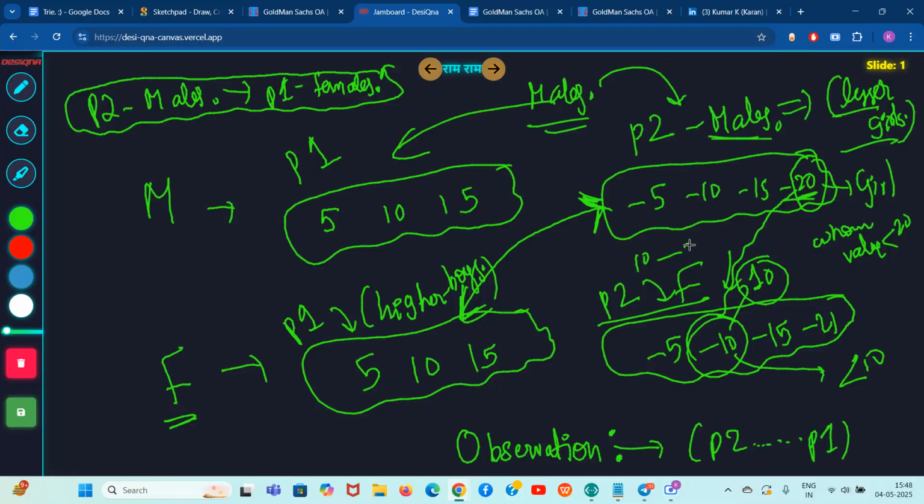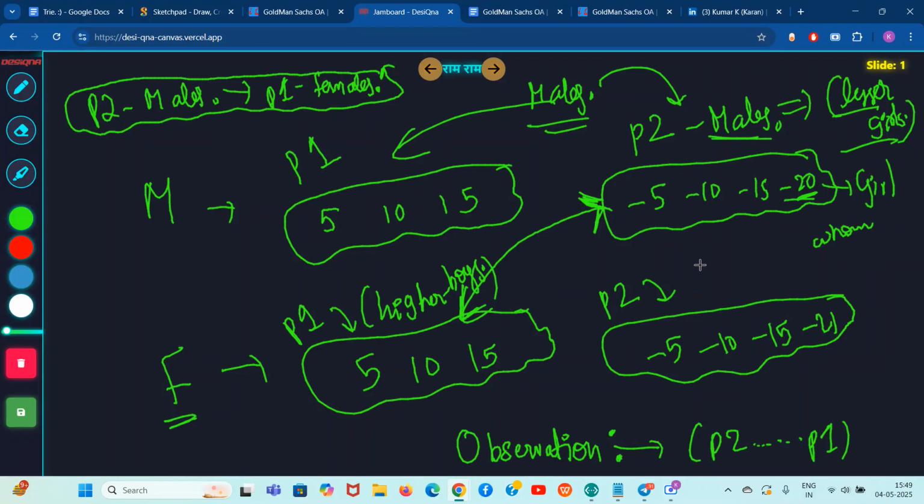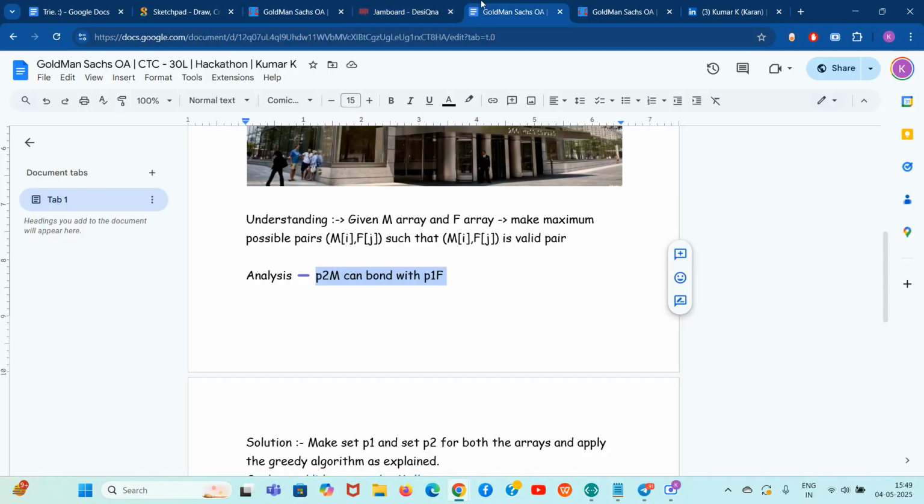If 10 bonds with 20, 20 is satisfied, but 10 wants a boy less than 10, and 10 is bonding with 20, so the girl is not satisfied. There needs to be a both-way relationship. This guy should also be satisfied and this girl. Both are not satisfied because both want less than the current value. So P2M can never bond with P2F.